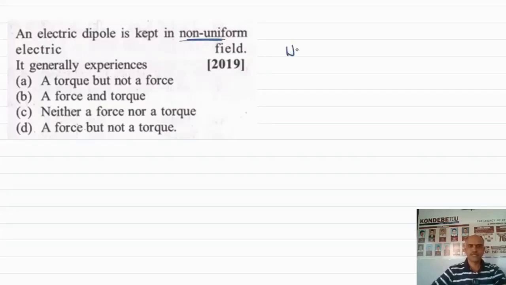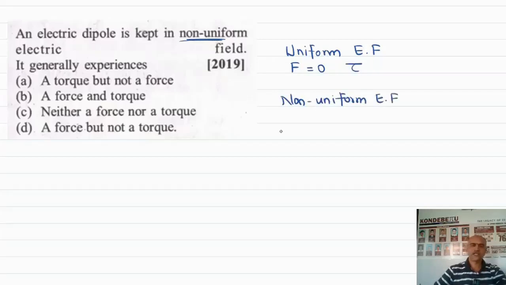So when a dipole is placed in a uniform electric field, F will be equal to 0 and there will be torque. When it is placed in a non-uniform electric field, it will have both force and torque. Both are there, force and torque. It is theory. So option B is the answer. They ask such questions even in board exams.